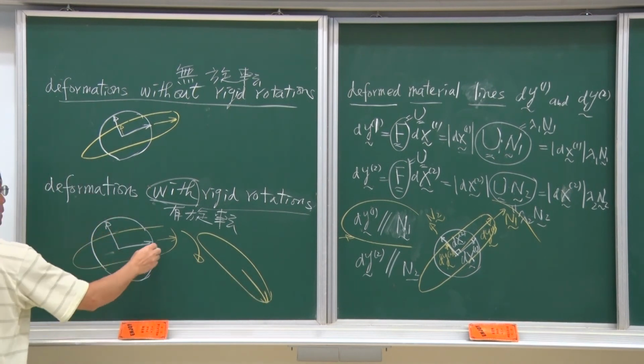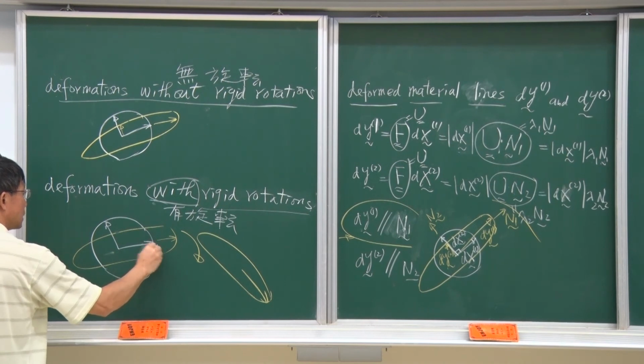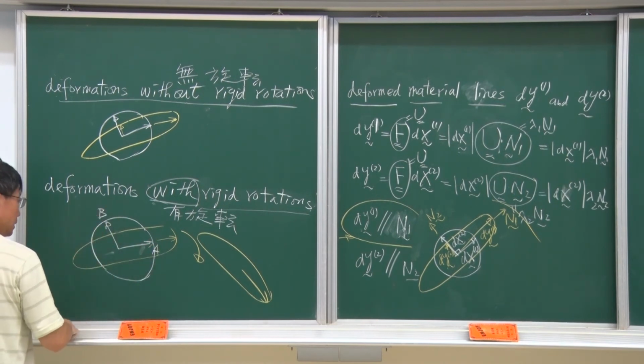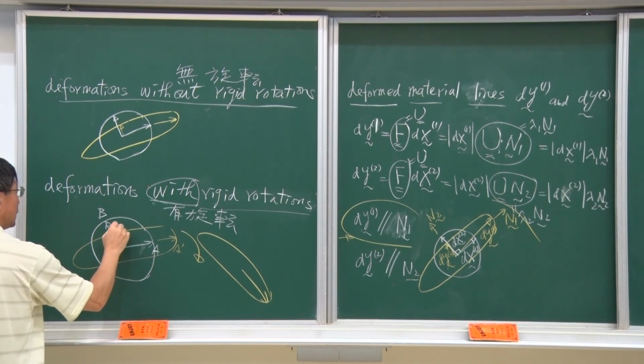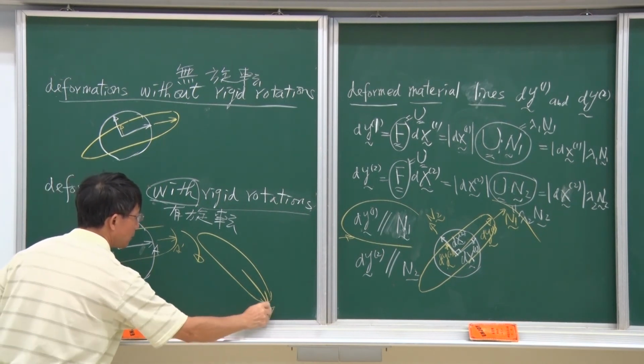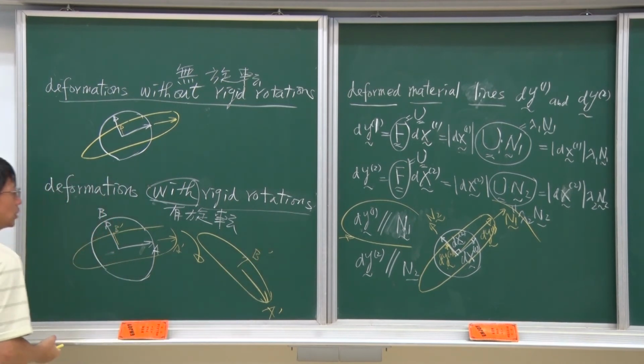For example, this is A, B, deformed like A prime, B prime, and then we rotate A prime, B prime. This is the final shape.